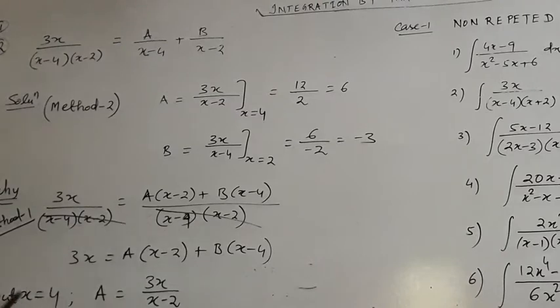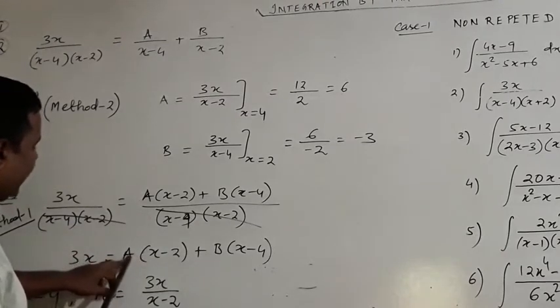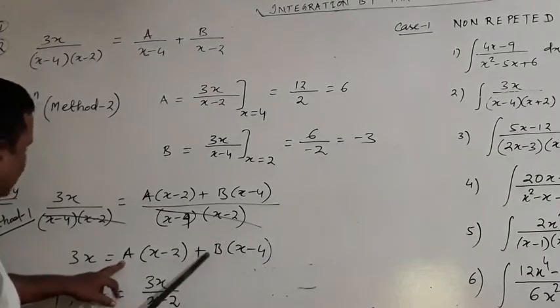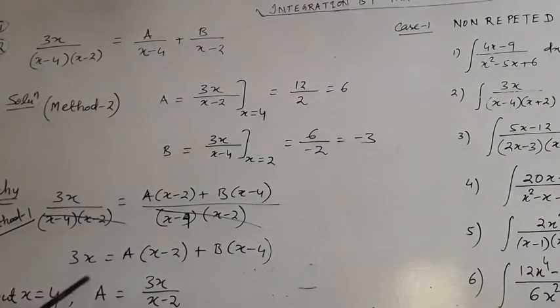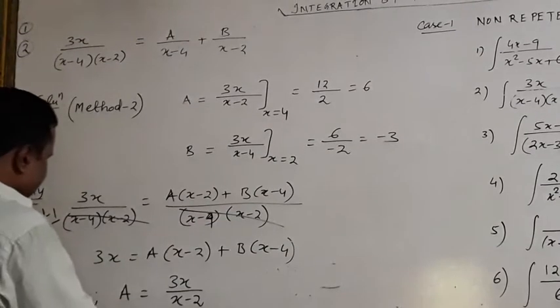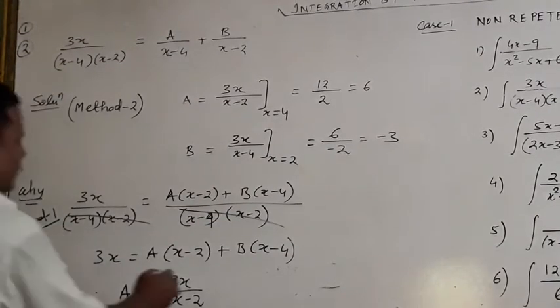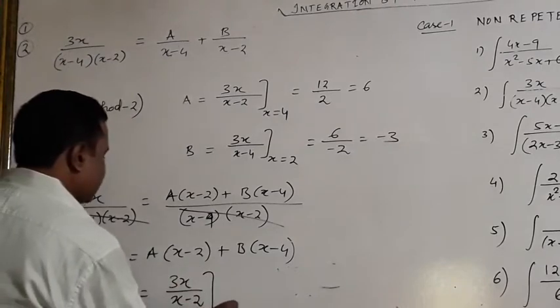Okay. Then you have to find A. What do you do there? To find A, you put x is equal to 4. So putting x is equal to 4, A is equal to what? 3x by x minus 2. I am erasing it. Put x is equal to 4. I am erasing this and I am writing this as A is equal to this by x minus 4.